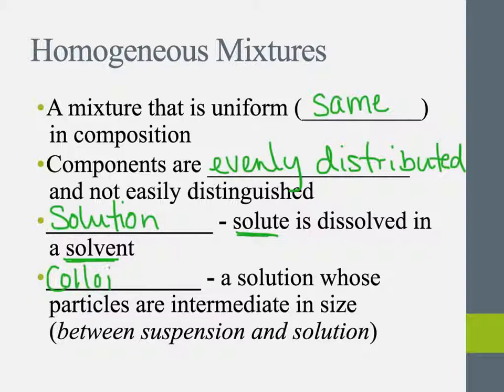Colloids are mixtures where the particles are in between sizes. They're in between the size of a suspension, where the particles are big and they fall, and a solution, where they're very small and they distribute evenly. So a colloid has those in-between parts. The biggest difference between the suspension, colloid, and solution is the size of the particles distributed within that mixture.